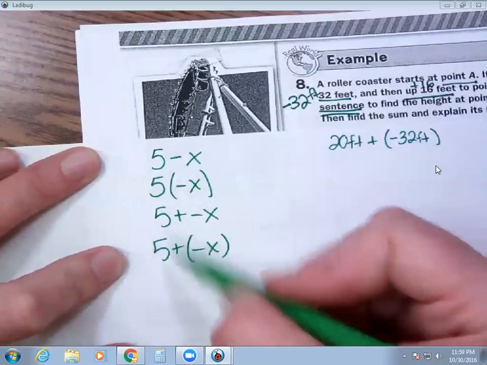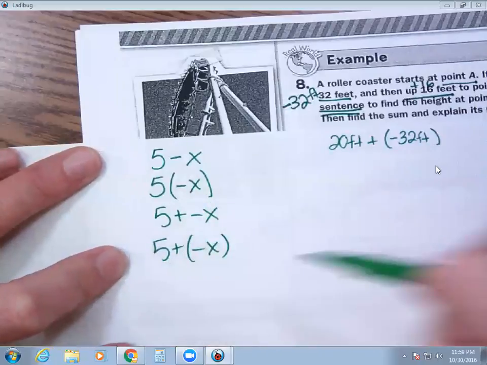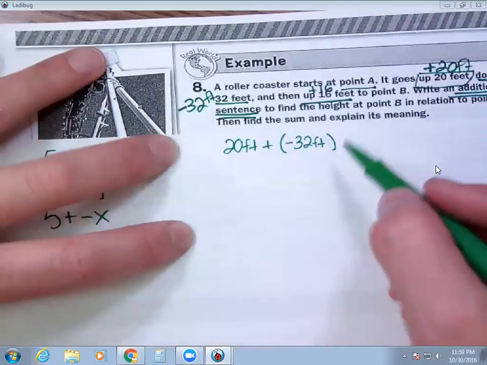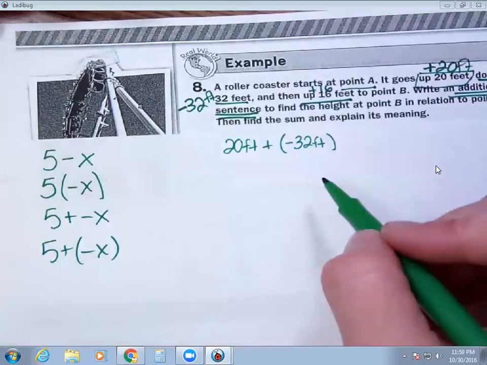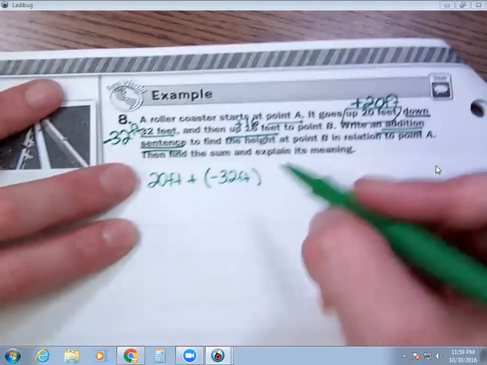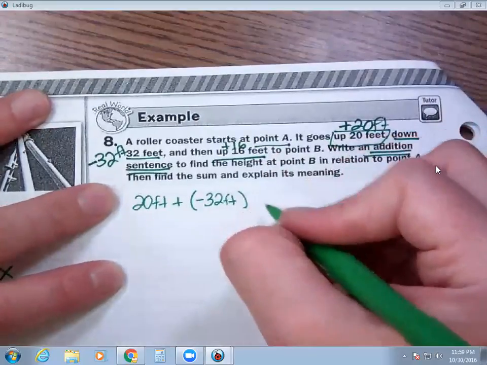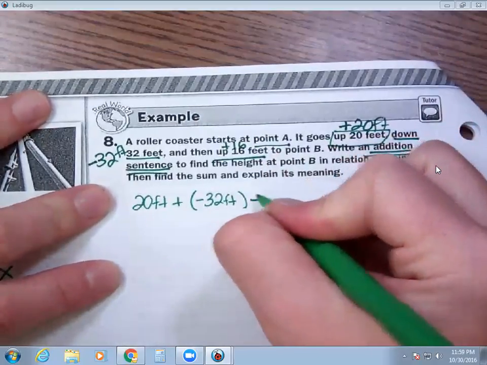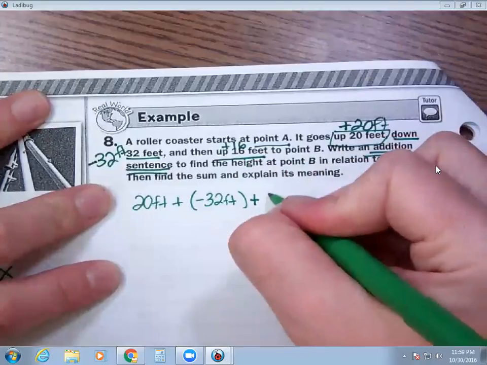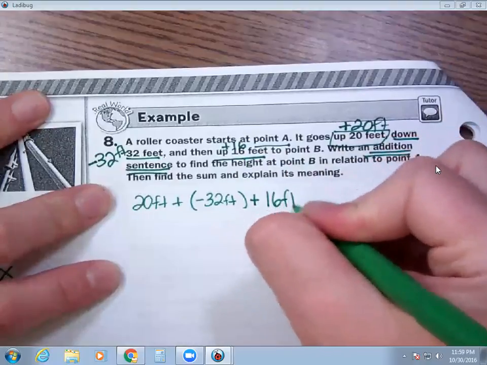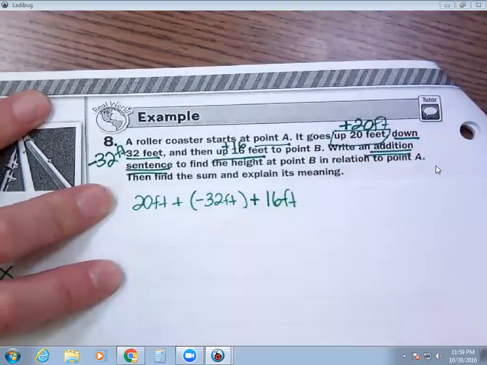And so a lot of times we use parentheses because we get to start talking about order of operations, and we do parentheses type things first. So they become really important. We need to use them as we go along, or else it's going to be confusing later. Well, now we have 16 feet up. I don't have to put parentheses in that because the plus doesn't have a double weird thing.